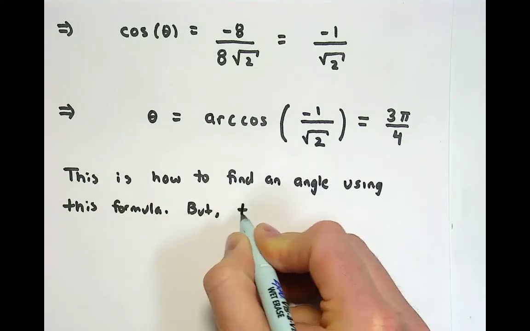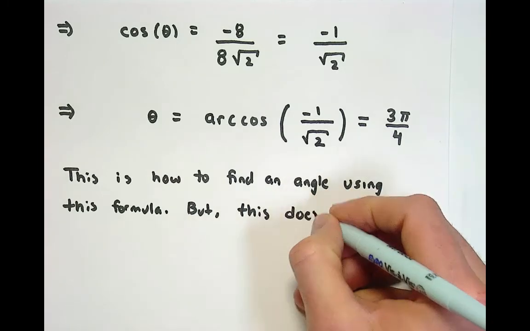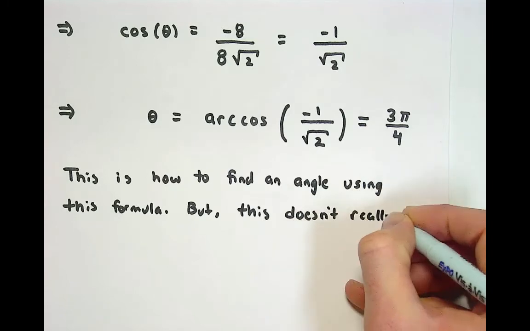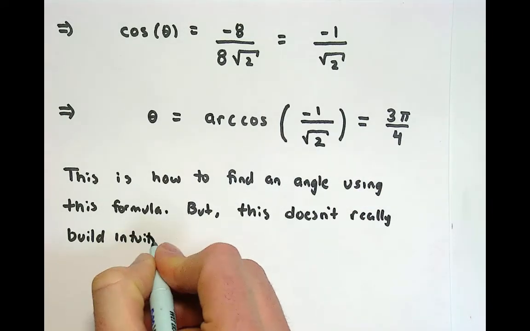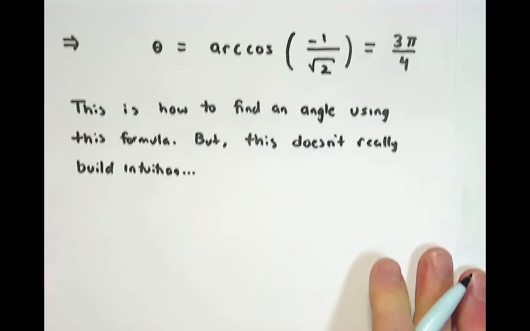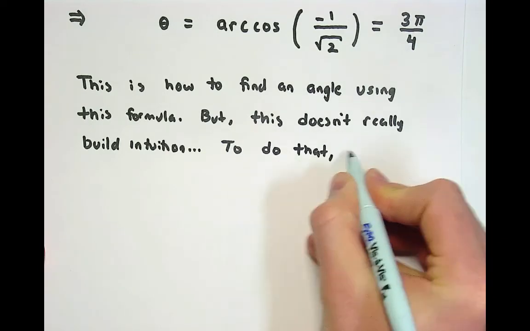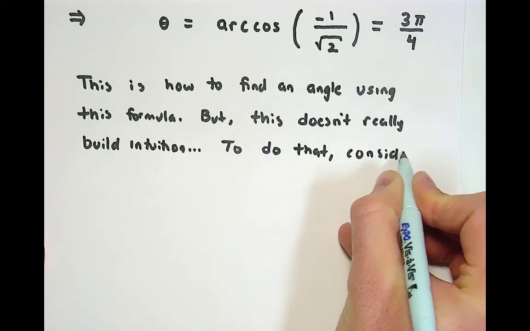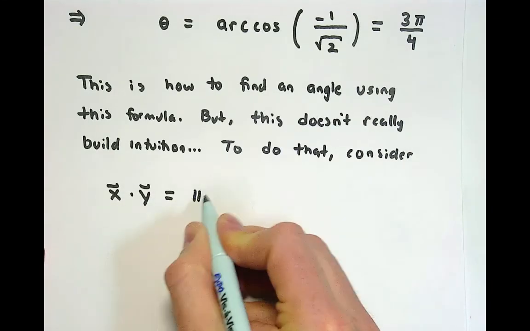But this doesn't really, in my opinion, build intuition. To build intuition, I'm going to make a suggestion. Rewrite the cosine formula from the form that we derived it in.